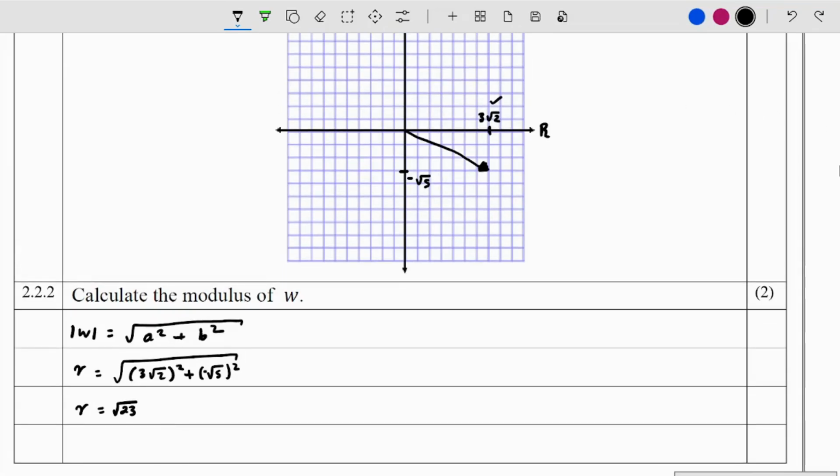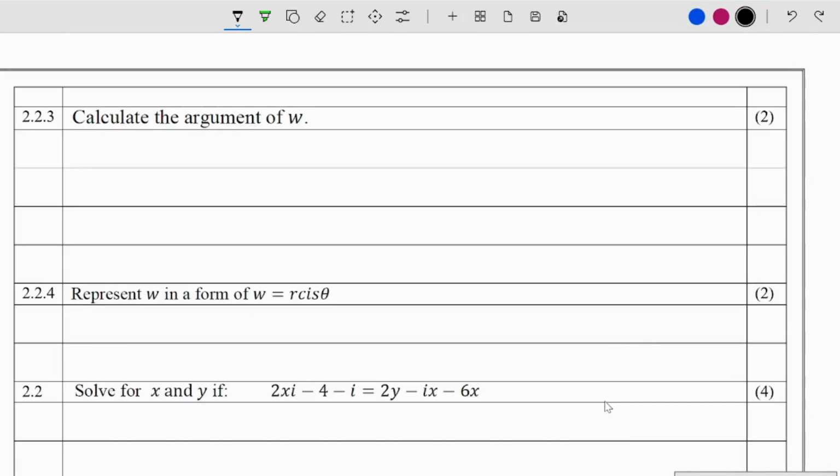Then in the next question, this question proceeds in the next page. They say calculate the argument. The argument, you're going to say tangent of theta is b divided by a. So you're going to say the tangent of theta equal to b.